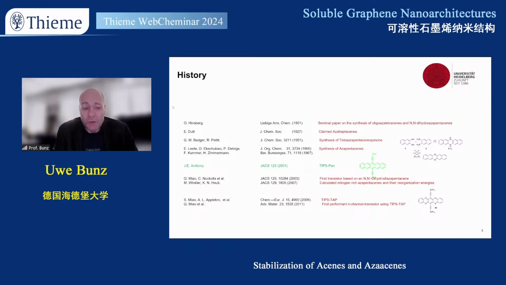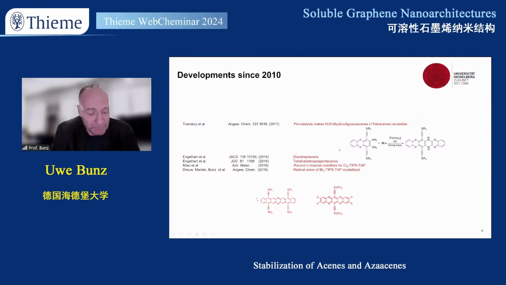Our own contributions started in 2008 or 2009, and we introduced tetraazapentacene, number 40 here, and this turned out to be actually a really good semiconductor, as was shown by Chen Miao.